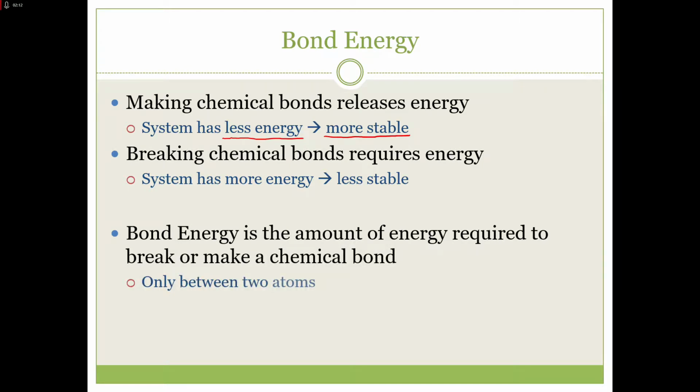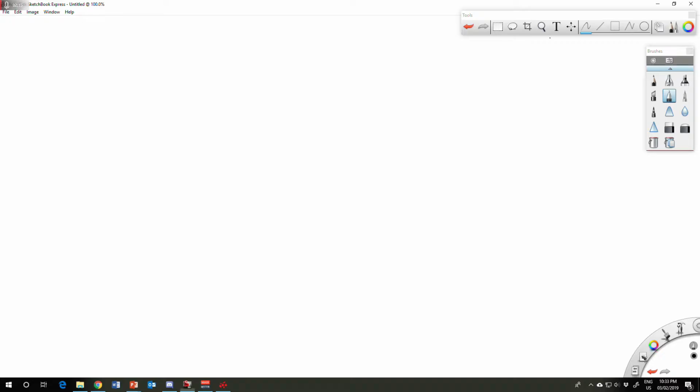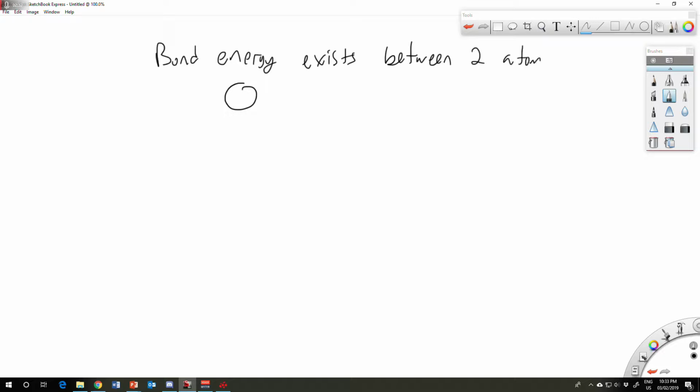Okay. So if I were to illustrate this, bond energy exists between two atoms. So if this was two atoms like this, this would have some bond energy. And it's only between these two atoms.